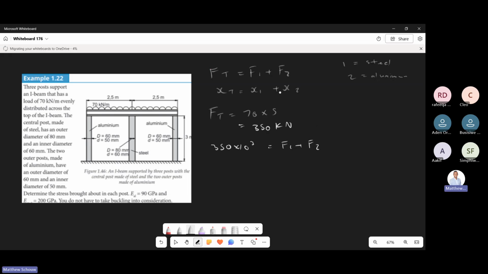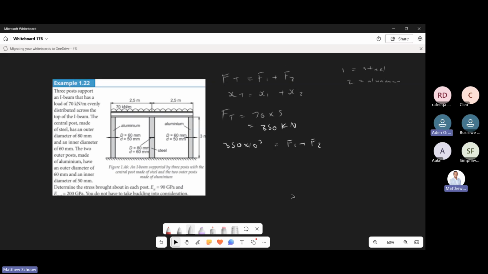Sorry, sir. Sorry, Aiden, yes. Shouldn't it be 2 times F2 because there's 2 aluminium? Yes, you're right. We're going to get there, don't worry. So what Aiden says, we're going to say 2 times aluminium, but you'll see how I'm going to make it work.